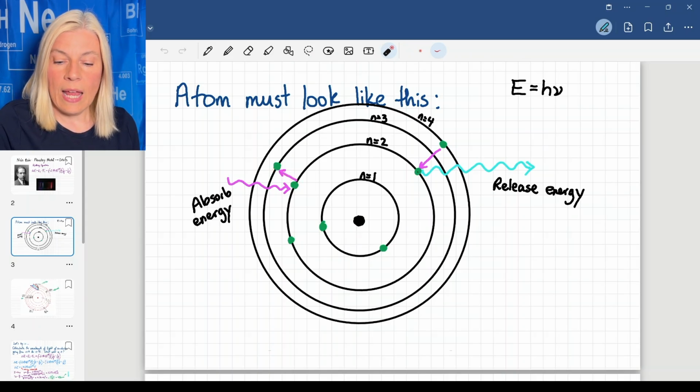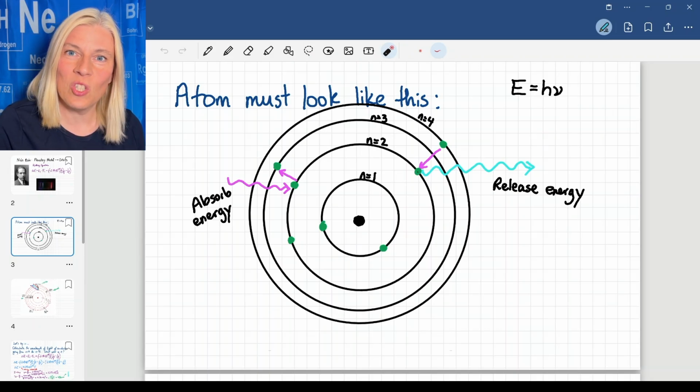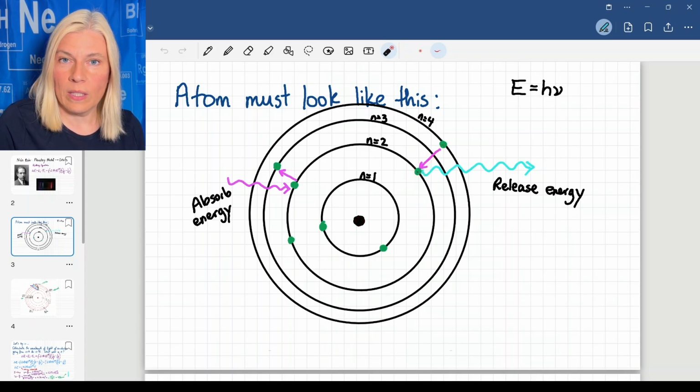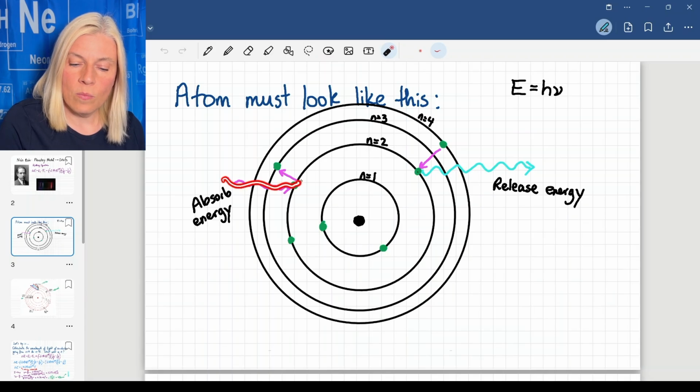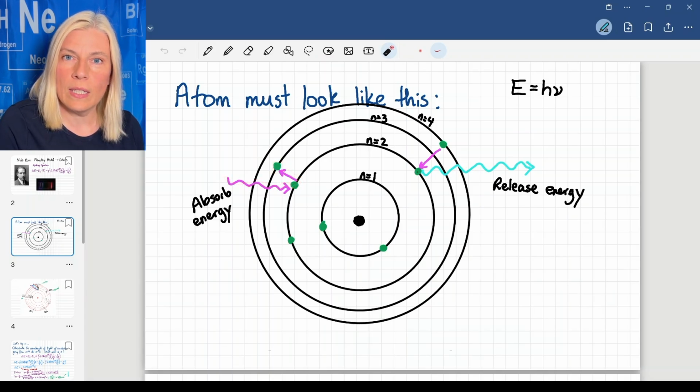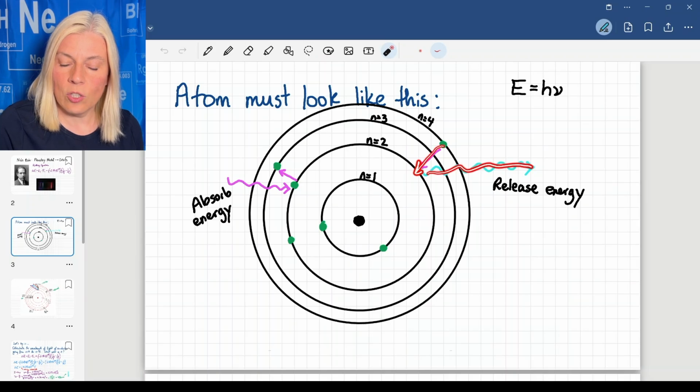But then, you remember opposites attract in chemistry, right? The electron, which is negatively charged, is attracted to the nucleus. So the electron will want to fall back to a lower orbit, a lower energy level. So it will go down, and when it goes down, it releases energy. So it absorbs energy, moves farther away from the nucleus to a higher energy level or higher orbit, and when the electron goes back, it releases energy.